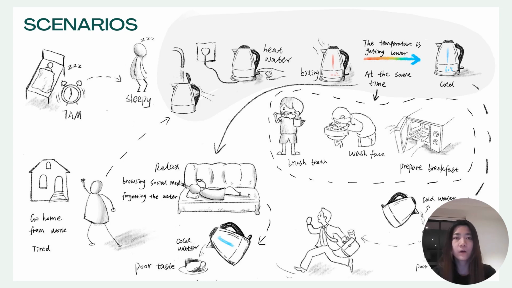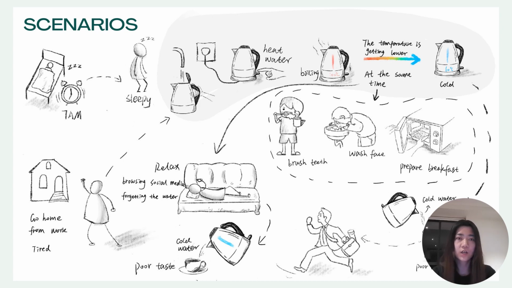Often the water is already boiled, and when the water is poured to make tea, the temperature of the water has already dropped to a temperature that affects the optimal taste of the tea. Then the user makes tea with this water and rushes off to work.